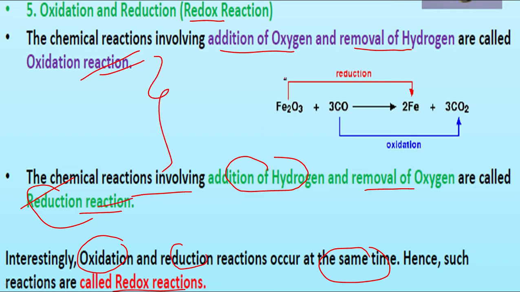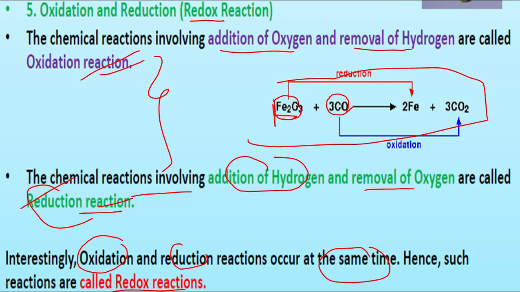Let us take an example of redox reaction. In this reaction, iron oxide, when it is treated with carbon monoxide gas, is getting reduced to iron, and carbon dioxide gas is released. Here iron oxide is a metallic oxide. The metallic oxide is losing its oxygen and getting reduced to iron.